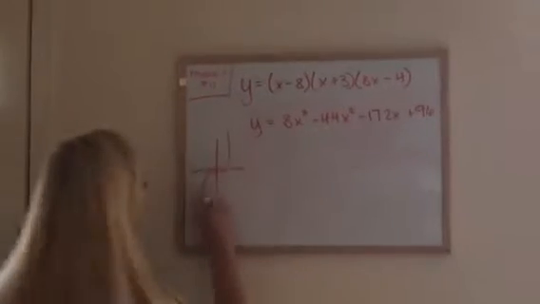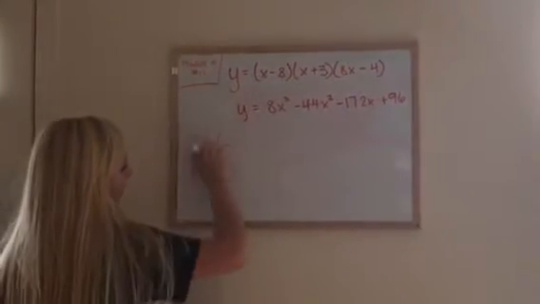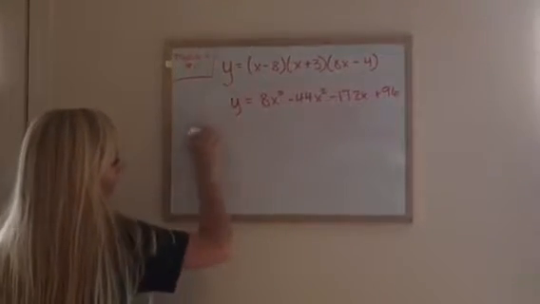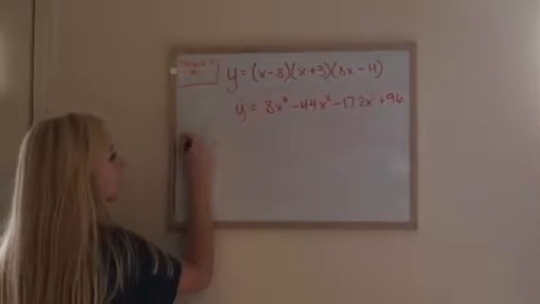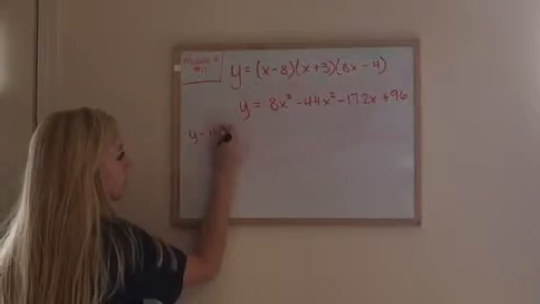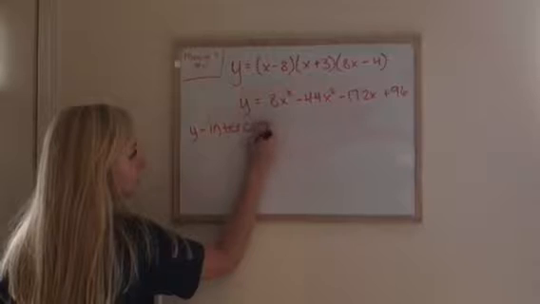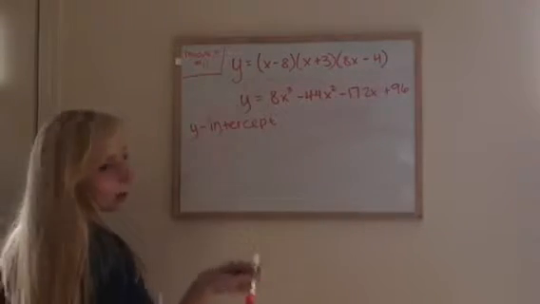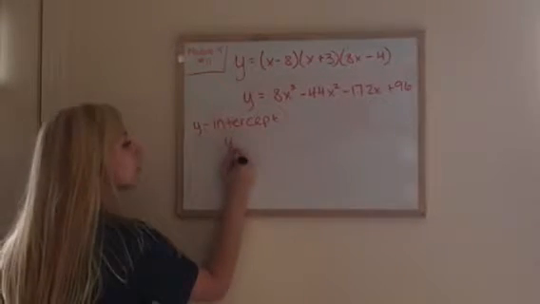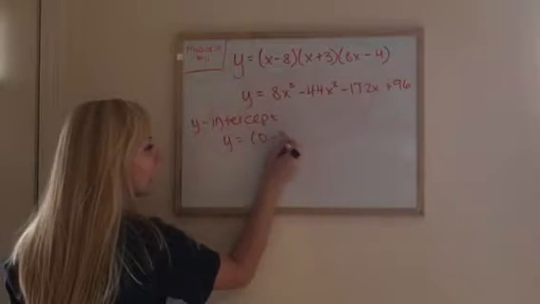Now, if we're going to look at the y-intercept, which is pretty easy, here's our y-intercept. All you have to do is plug in 0 for x and put that into your calculator.